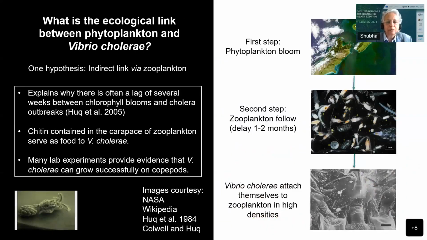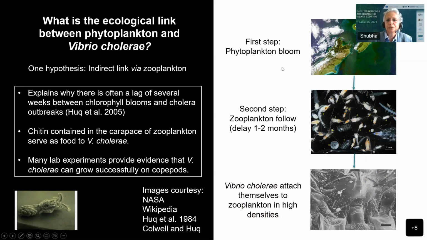So given all this, what is our understanding of the ecological link between phytoplankton and Vibrio cholerae? One hypothesis is that the link with phytoplankton or chlorophyll concentration from satellites is not a direct one, it's through zooplankton.